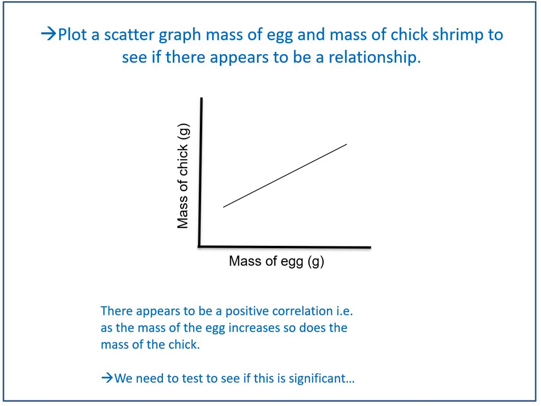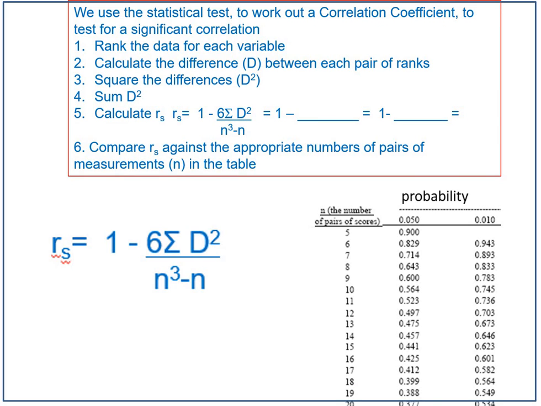As the mass of the egg increases, so does the mass of the chick, and we need to see if this is actually significant. So you first of all rank the data for each variable, calculate the difference between each pair of ranks, square the differences, add up the differences squared, and then you plug it into the Spearman's rank coefficient equation, which is 1 minus 6 times the sum of d squared divided by n, which is the number of values, cubed minus n.